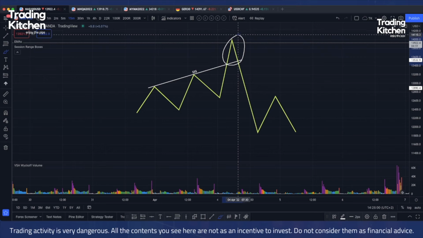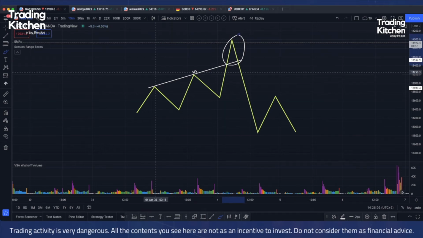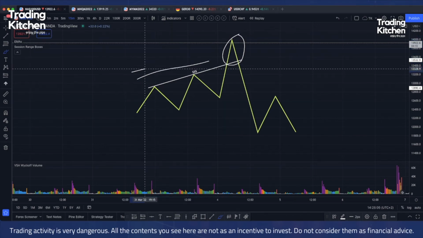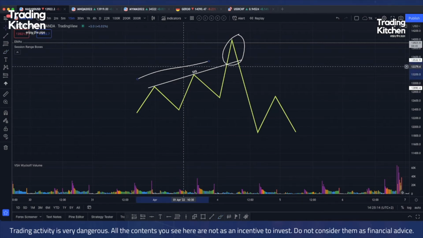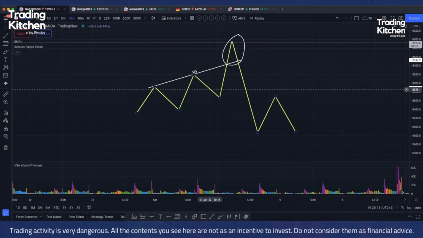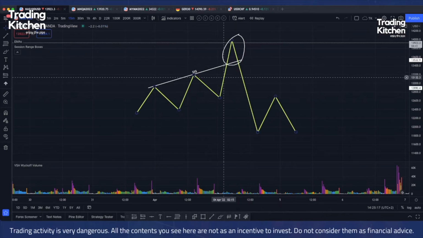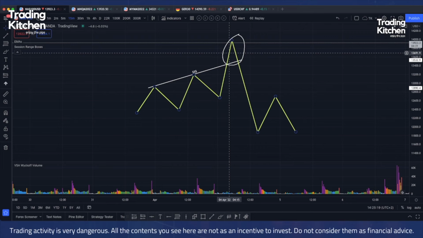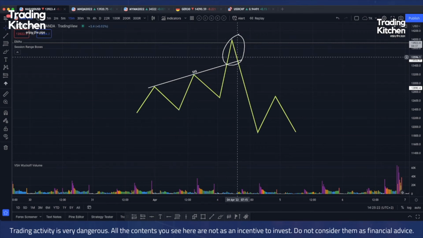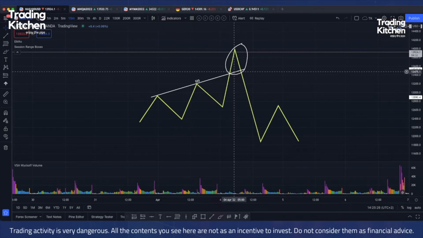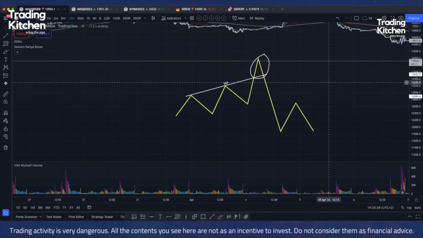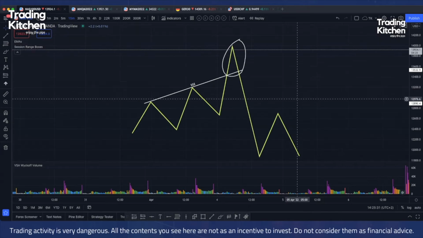So what does it mean? It means that here we have all the buy stop orders from the retailers basically. Why? Because this is a trend line. As retailers see a break of this trend line, it means that price will probably pump up, which is obviously what the institutions want us to believe.